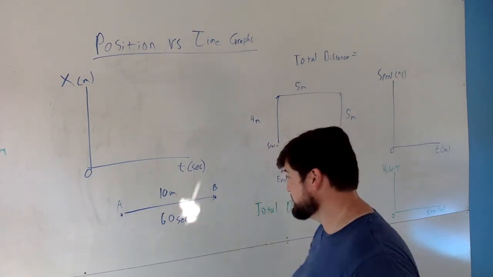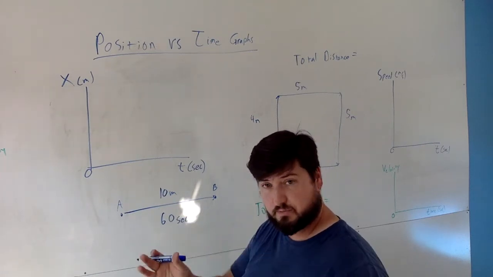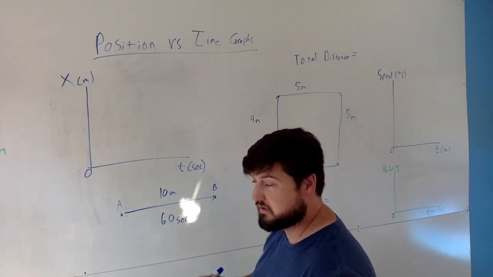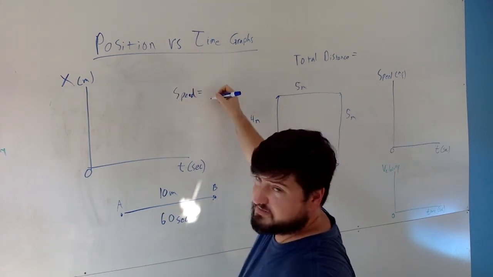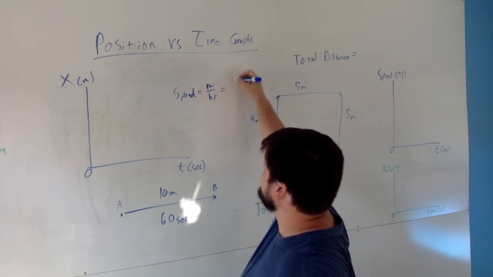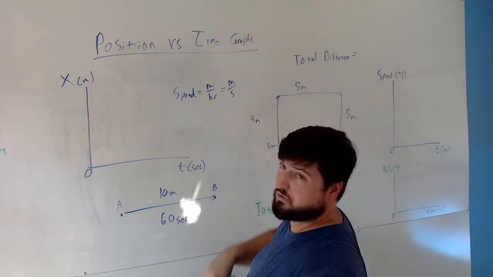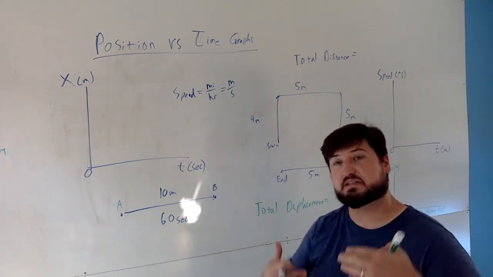Okay, well remember this, when we talk about speed, if you look at something on a car, right, the odometer or the speedometer on a car, what you'll see is that speed and velocity are measured in things like miles per hour or meters per second or feet per second or kilometers per hour. All of those are a distance over a time.